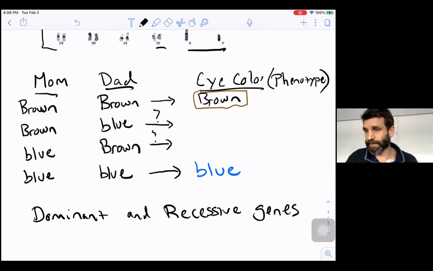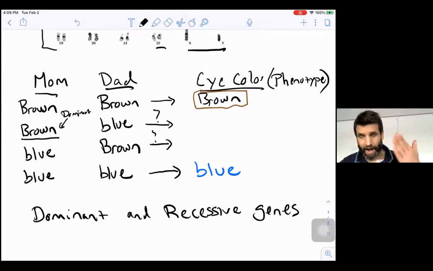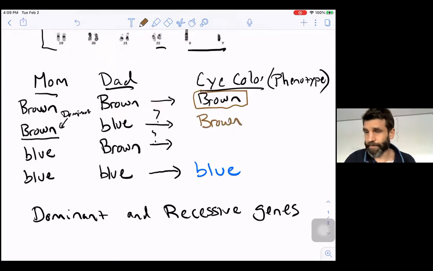So in this case, brown eyes is the dominant trait. So if you have one version of brown and one version of blue, your eyes are going to be brown. And just the same way, if you got that brown-eyed version from your dad and blue eyes from your mom, you still have one version of the dominant trait, and your eyes will be brown.